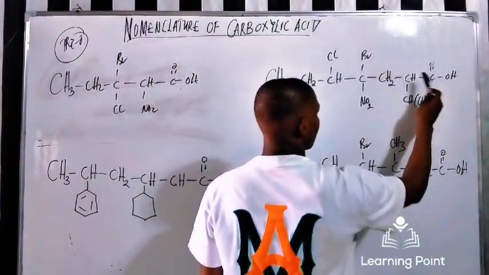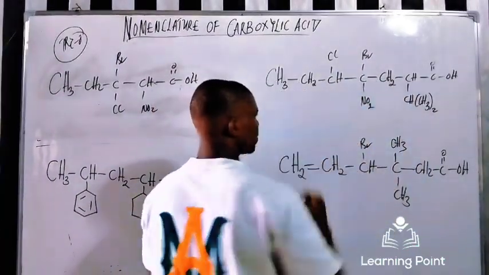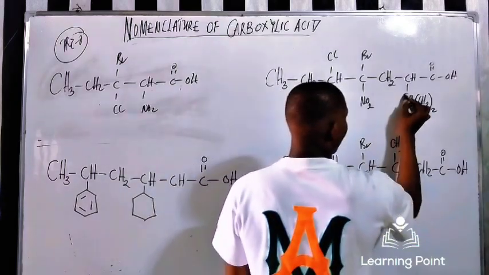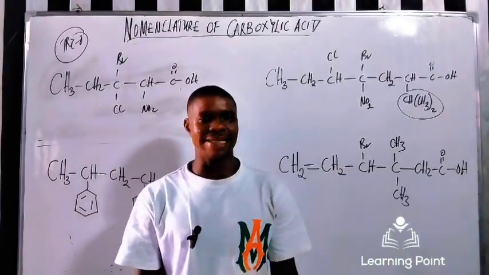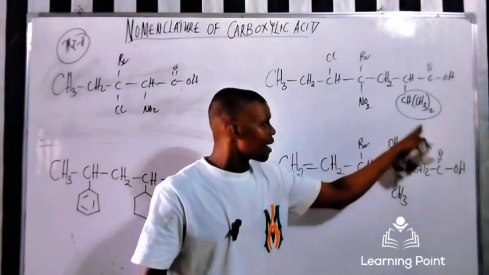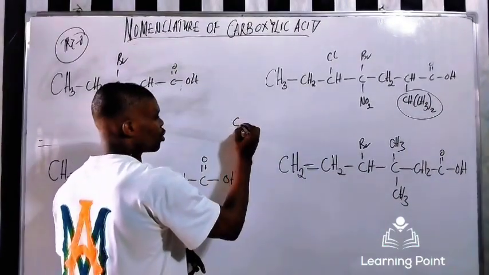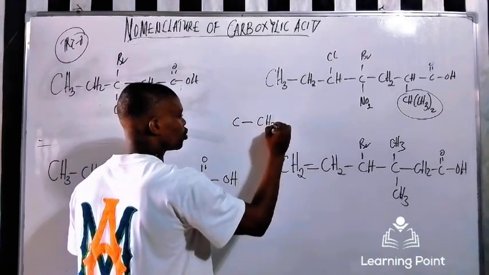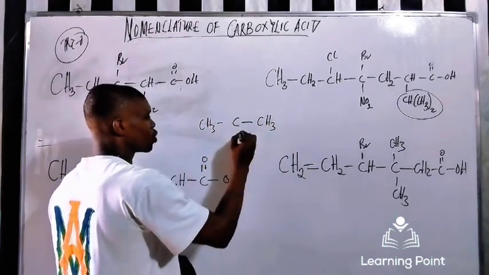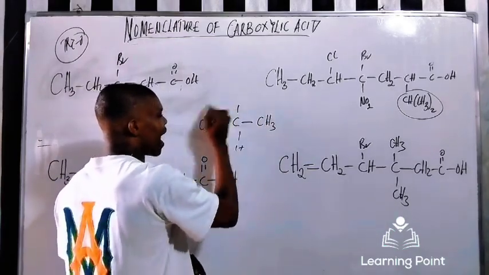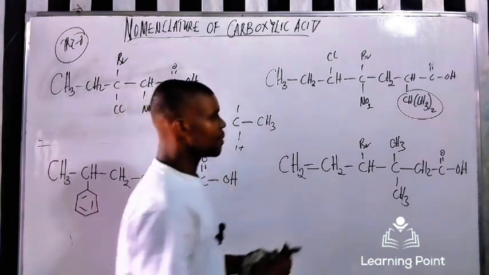So here we go: 1, 2, 3, 4, 5, 6, 7. Now here we have isopropyl. If you don't know about propyl, you need to understand here. Whenever I see CH bracket CH3, this is a carbon carrying two methyl groups and one hydrogen. The name of this is called isopropyl.